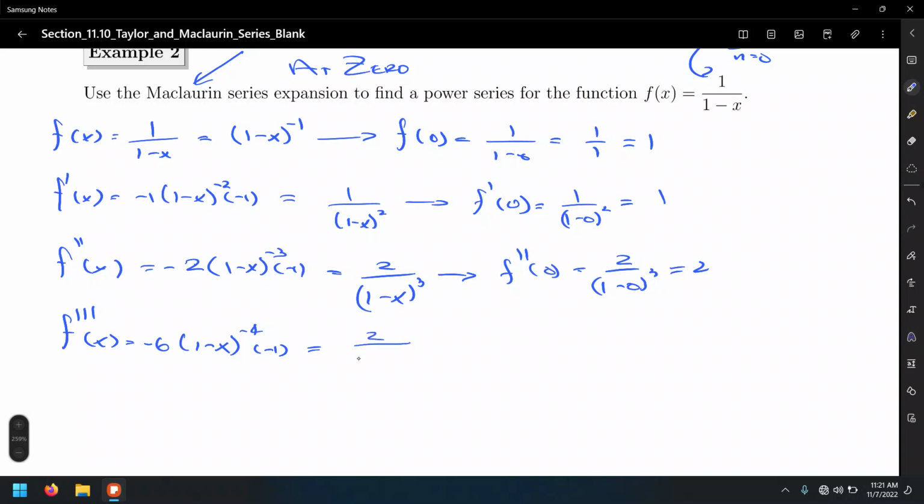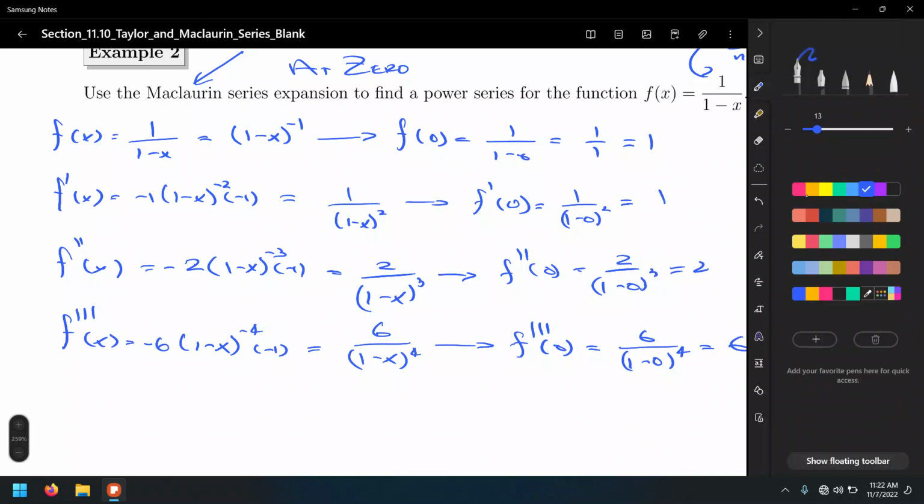Not 2 but 6 over (1 minus x) to the 4th power, and f triple prime at 0 is 6 over (1 minus 0) to the 4th power, and well, that's 6.